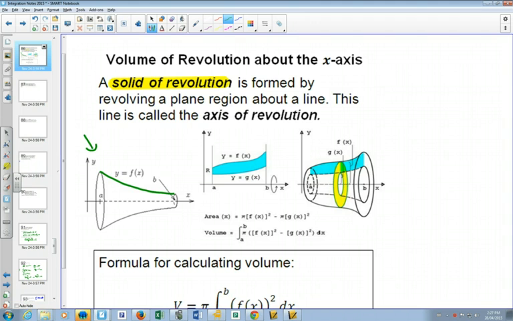But if you took every single point on that graph, it has a y value, and that y value is exactly the length of that red line. Now, if I took that red line and rotated it 360 degrees around the x-axis, let's use red crayon.